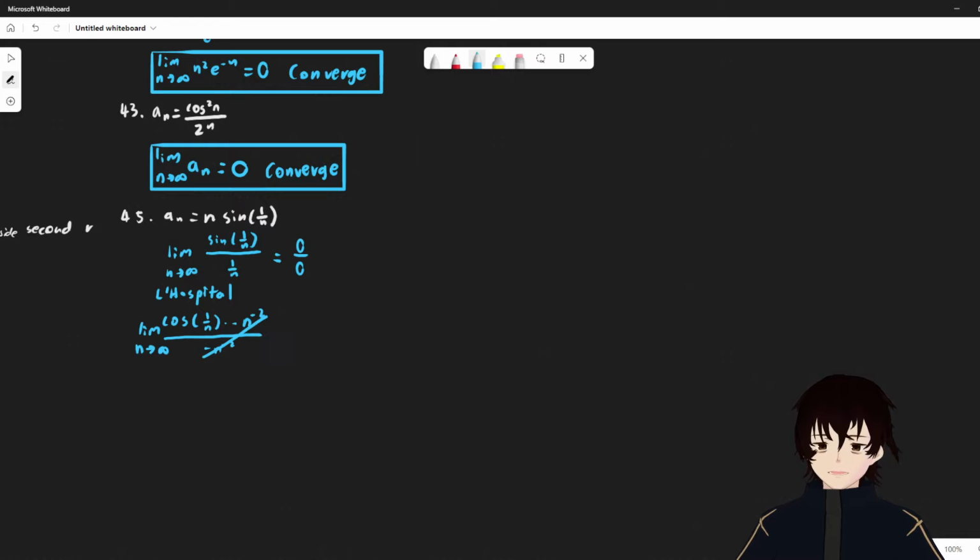Perfect. And that is going to be equal to 1. So the limit as n approaches infinity of our sequence is equal to 1, and this converges because it's finite.